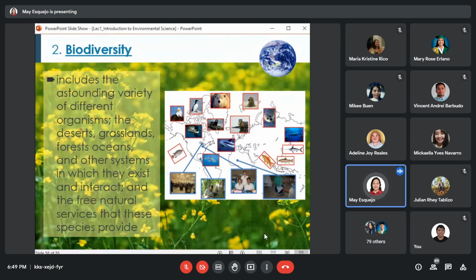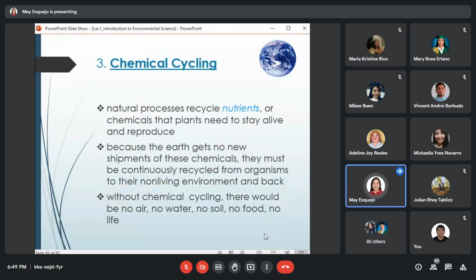So, the more na merong biodiversity, the more na mas maganda interaction, mas maganda yung ecosystem. Okay, so the chemical cycling. So, as mentioned kanina, okay, these are natural processes in order to recycle nutrients na kailangan ng mga halaman and then animals and then organisms to survive and reproduce.